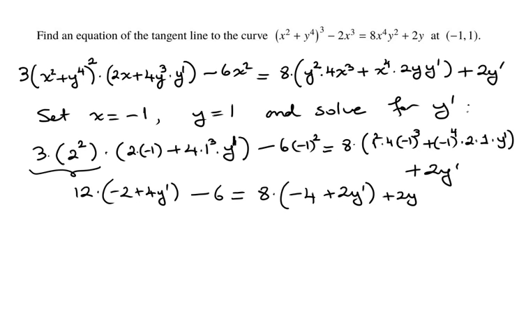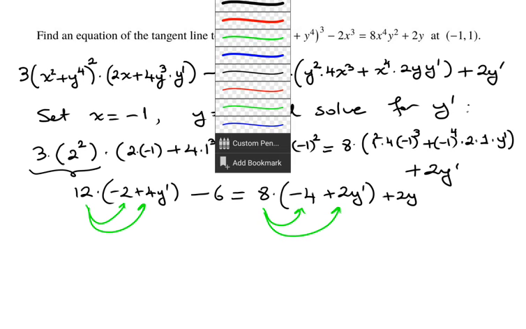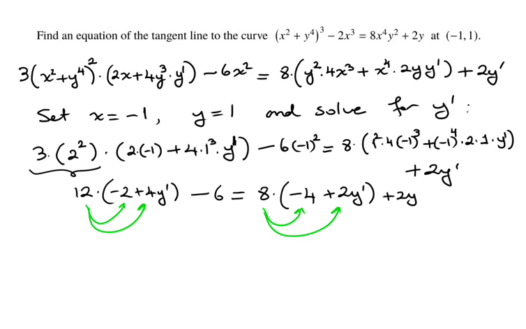So let's distribute in here, and similarly distribute this one over here, and then let's simplify. So that becomes -24, and then 48y prime minus 6 equals -32.